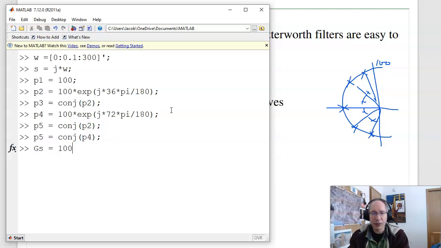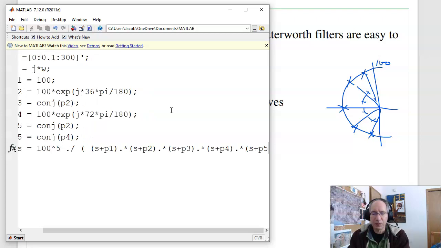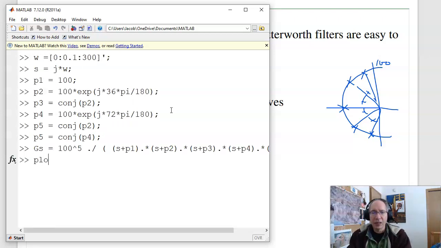It's going to be 100 to the 5th power divided by s plus p1 times s plus p2 times s plus p3 times s plus p4 times s plus p5, and check. Does that meet my requirement?